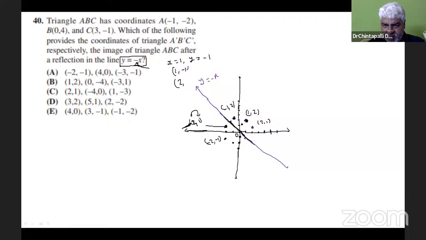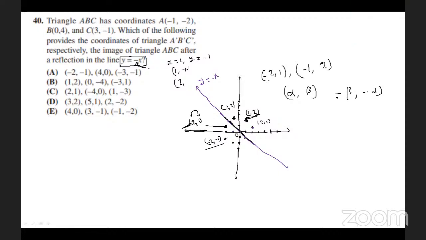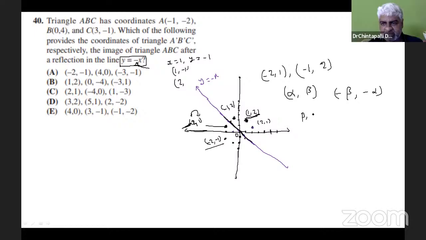See, for 1, 2, it is -2, -1. Reverse and opposite sign. For -2, 1, the image is -1, 2. Try to answer: what is the image of alpha, beta? Negative beta, negative alpha. Yes, sir. What is the image of P, Q?